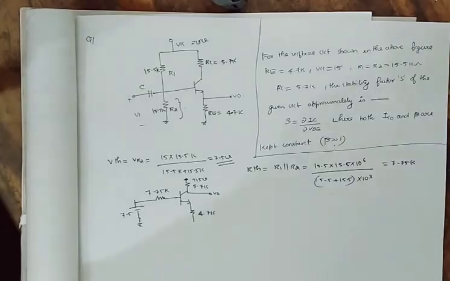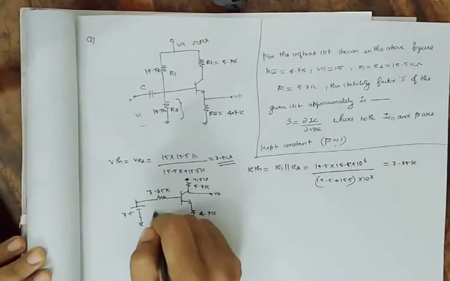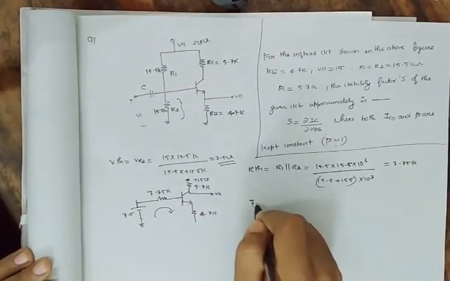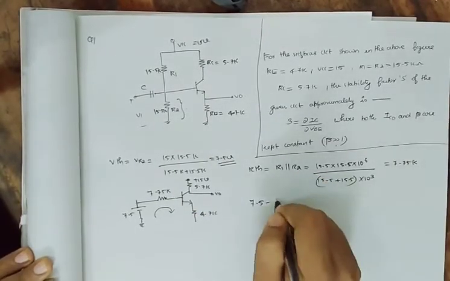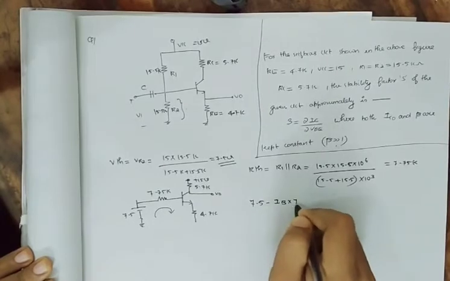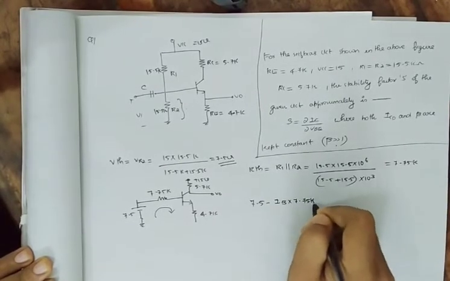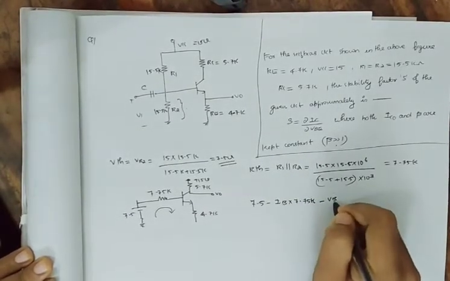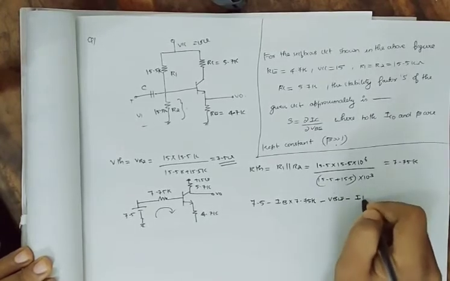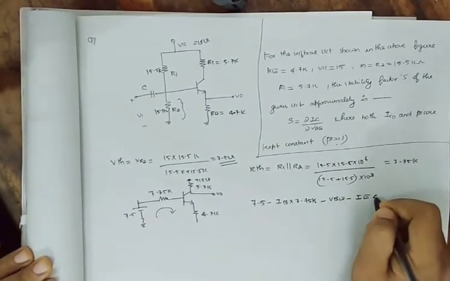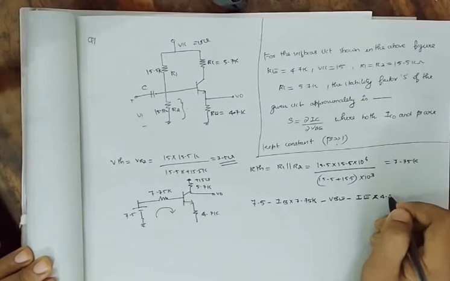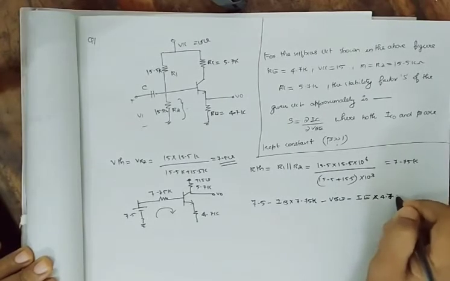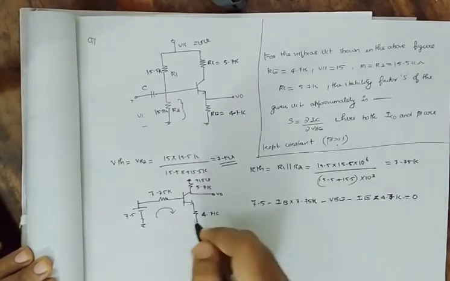So the loop equation is like this: 7.5 minus IB into 7.75 K minus VBE minus IE into 4.7 K equal to 0.